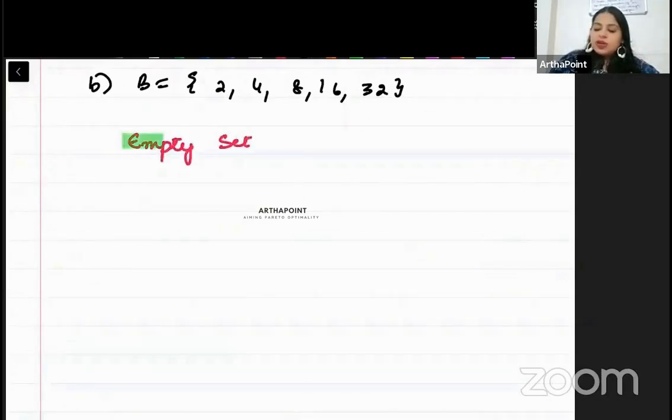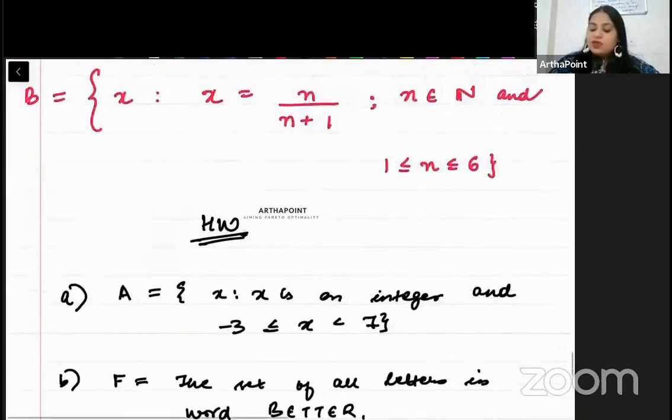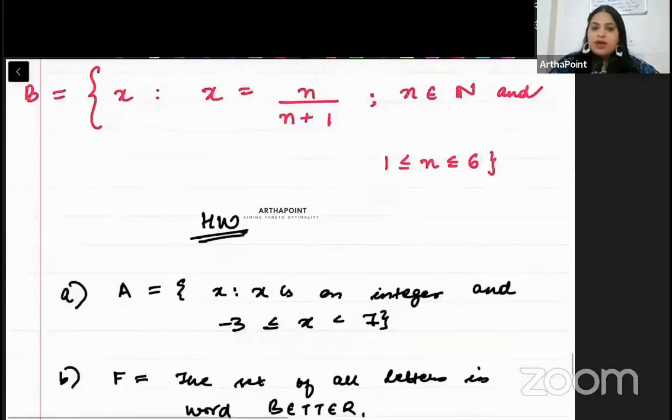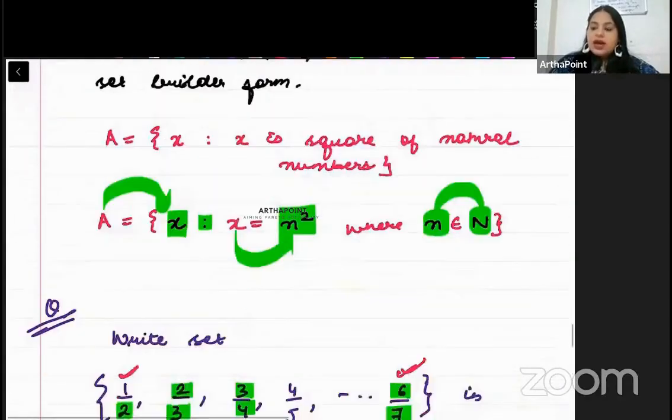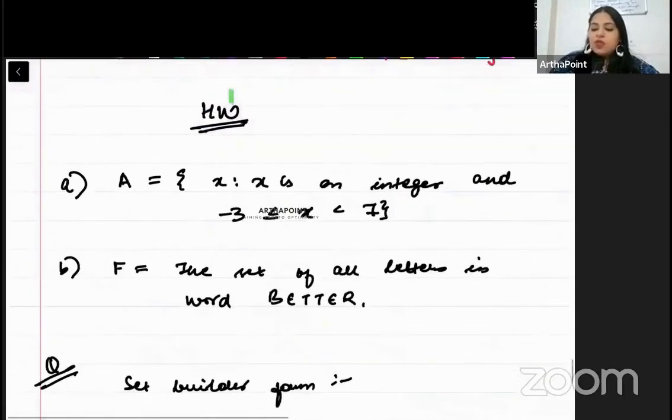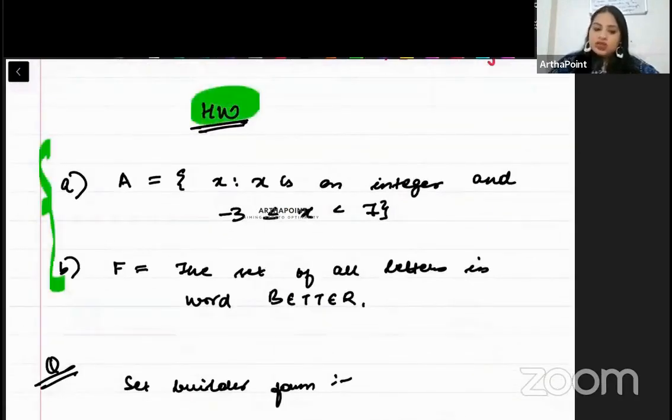That is what we are going to begin with. For your reference, you can go back to the previous lecture where we started talking about the set theory, and we talked about the set builder format and the roster format. I had also given you homework. It will be a good idea if you do the homework on the same day.